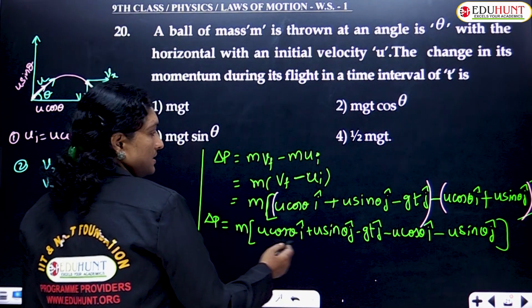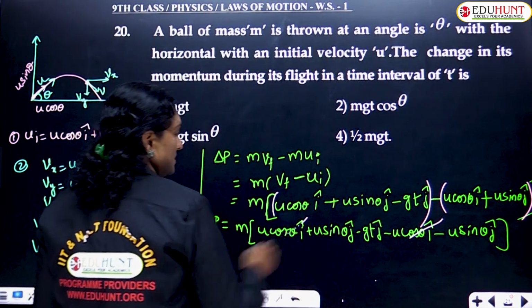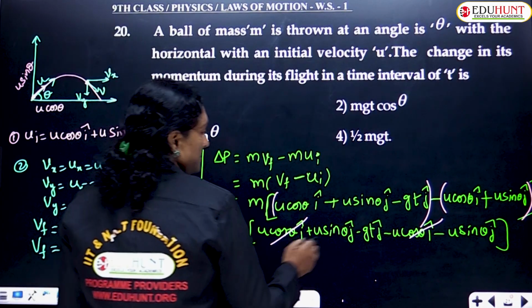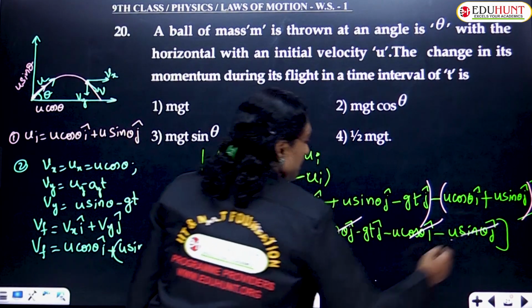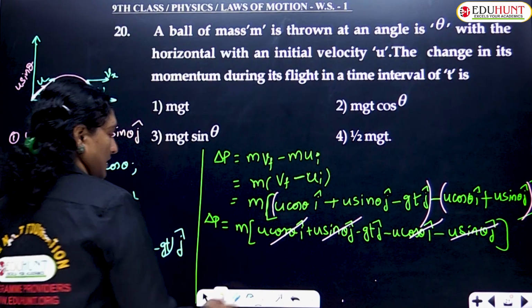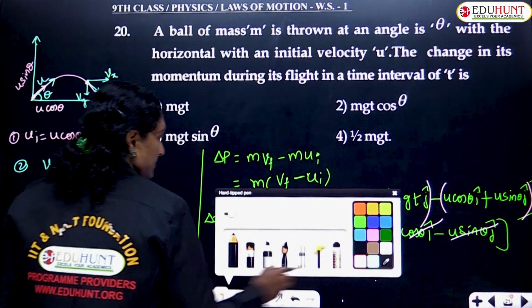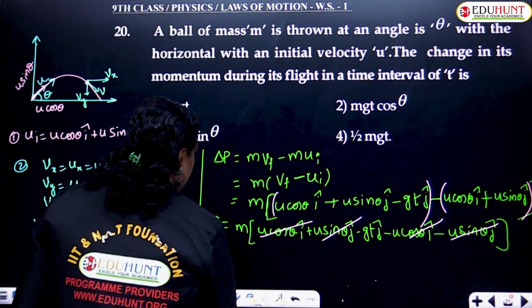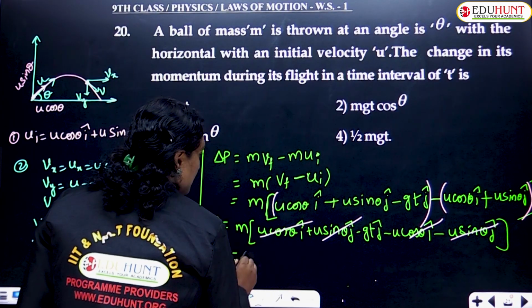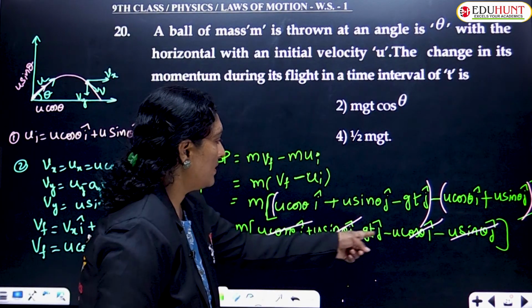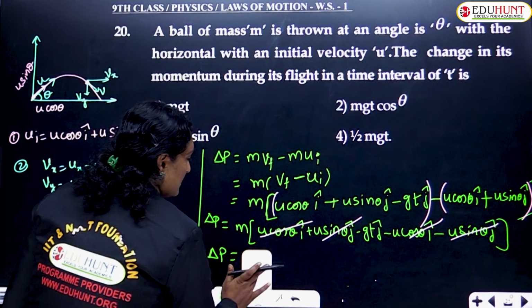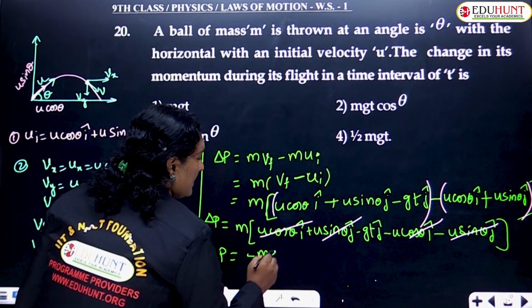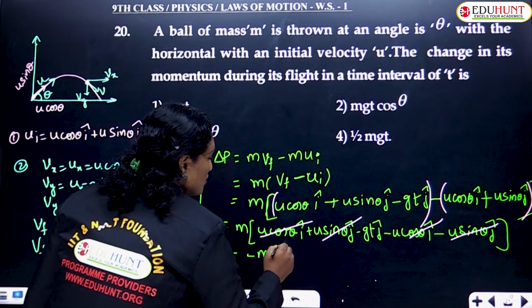Hence, this is u cos theta i cap and here minus u cos theta i cap. This is u sin theta j cap and here you have minus u sin theta j cap. Hence the leftover value, delta p, can be written as m into what is left here, children, minus gt j cap. This can be written as minus mgt j cap.